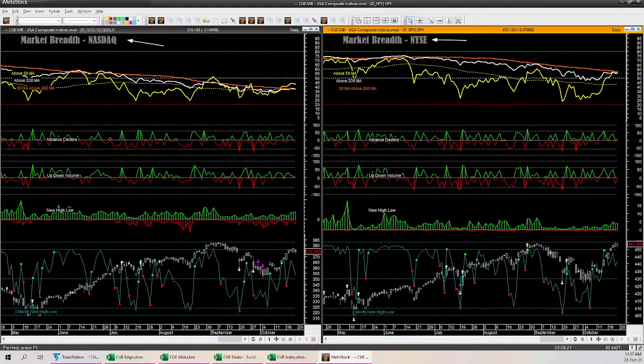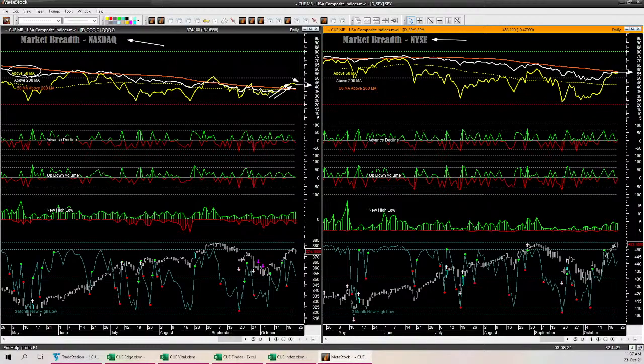The yellow line is the percentage of stocks above 50 MA. It was going up last couple of days, it tilted down, but it is still in an uptrend. That is for Nasdaq. That percentage of stocks above 50 MA is around 41%. For NYSE, in the last webinar also, we saw NYSE was stronger than Nasdaq, and that is continuing.